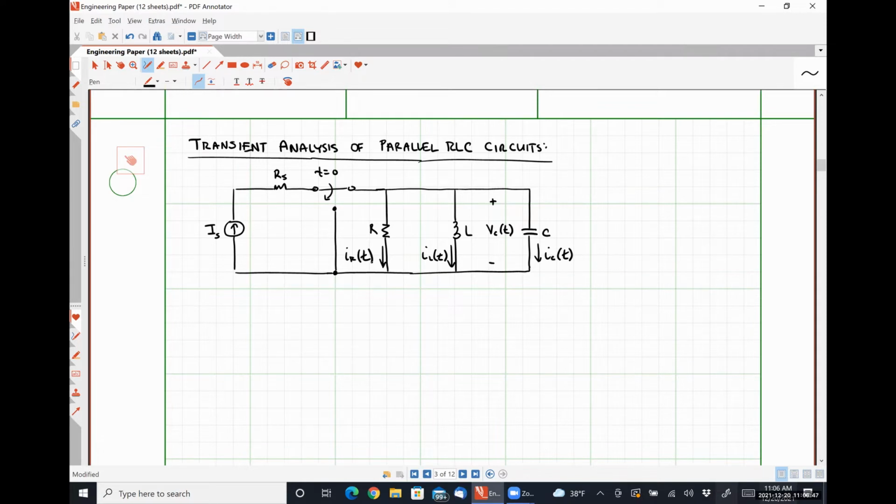So treating our inductor as a short circuit and our capacitor as an open circuit, it should be fairly easy to see that our inductor will have a current of IS flowing through it. And our capacitor will have a voltage drop of 0 across it, which means that our inductor has some amount of stored energy. Our capacitor does not, and our resistor R is really doing a whole lot of nothing for right now.